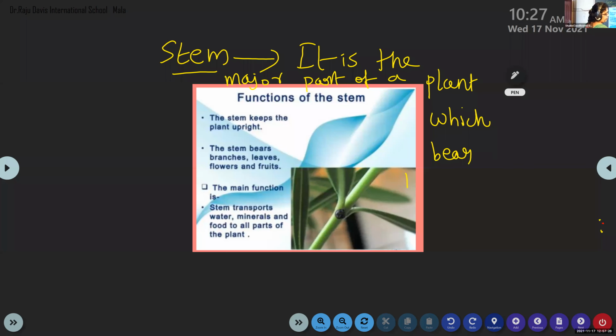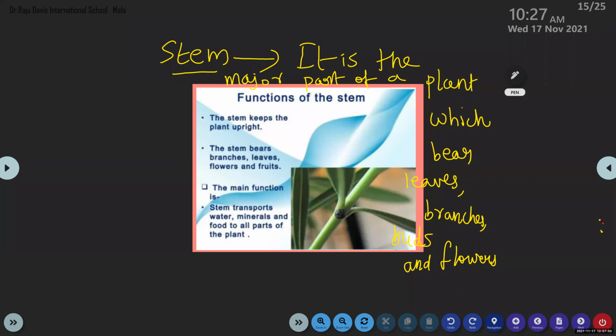It bears leaves, branches, buds and flowers. So all these things are forming on who? The stem.